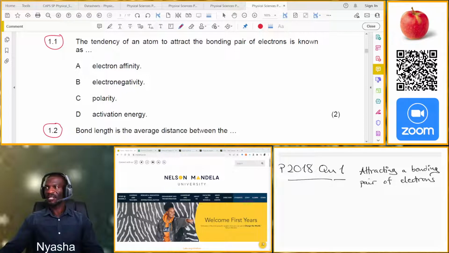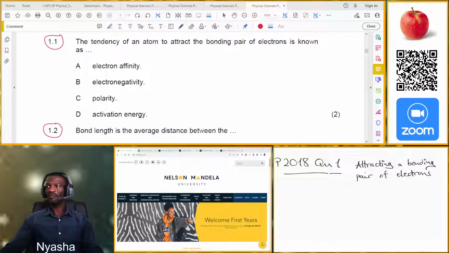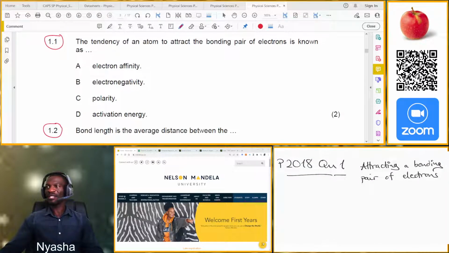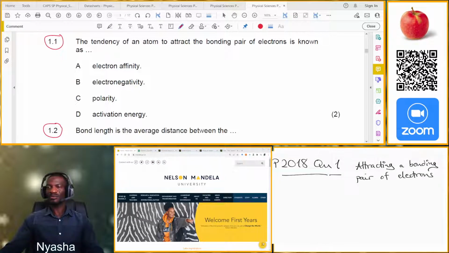This is a tendency of an atom to attract the bonding pair of electrons. And this is a tendency of attracting a bonding pair, not just attracting electrons. So the question is which option there is true?